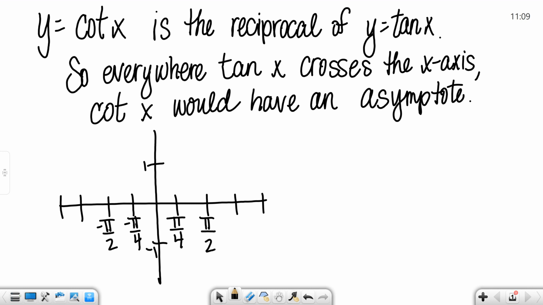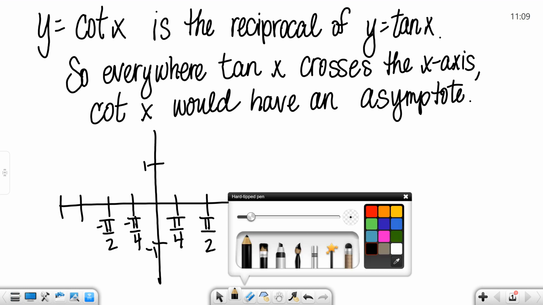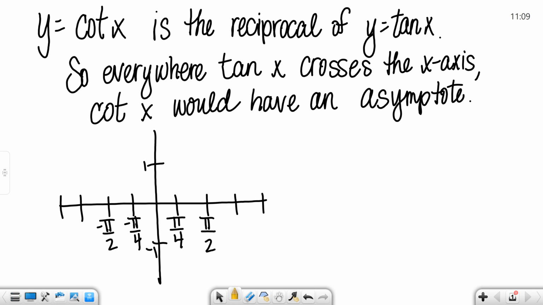So tangent crossed the x-axis at the y-axis, right? So there is an asymptote at the y-axis for cotangent, because for tangent, that's where it crossed the x-axis. Now, where would the next place be that tangent would have crossed the x-axis?